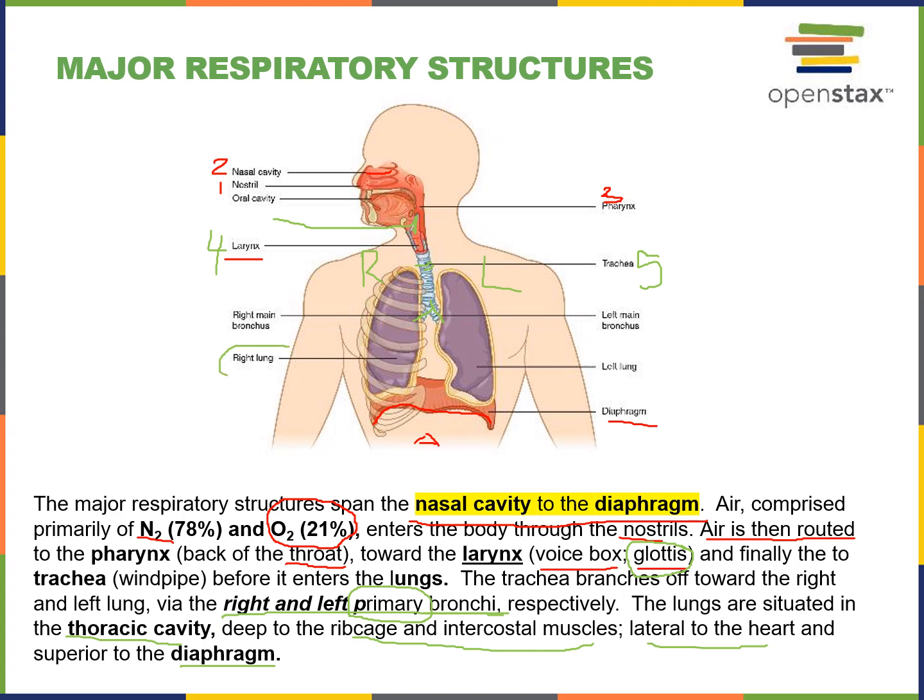But on the left lung, you can see there's a sort of division, which means the left lung has 2 lobes. That indentation is where the heart normally would be found. So there are 2 major organs in the thoracic cavity, the lungs and the heart from the cardiovascular system, but they are not the only structures.